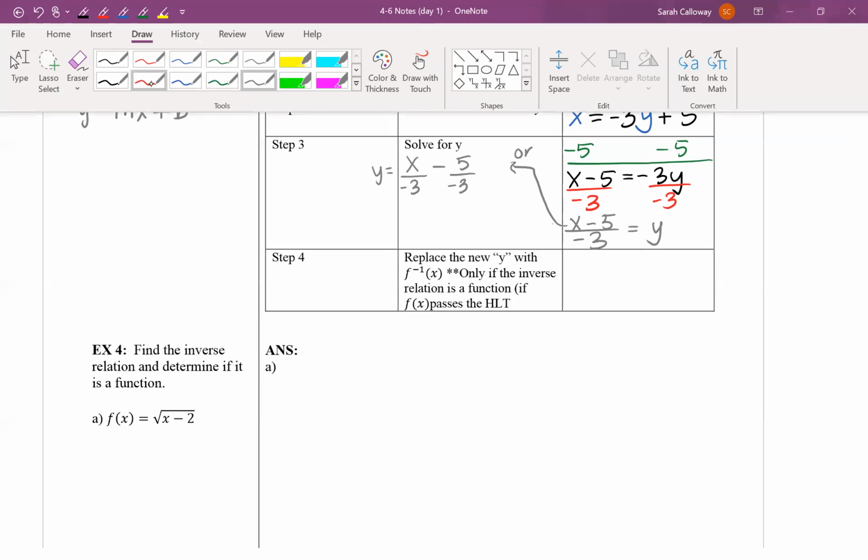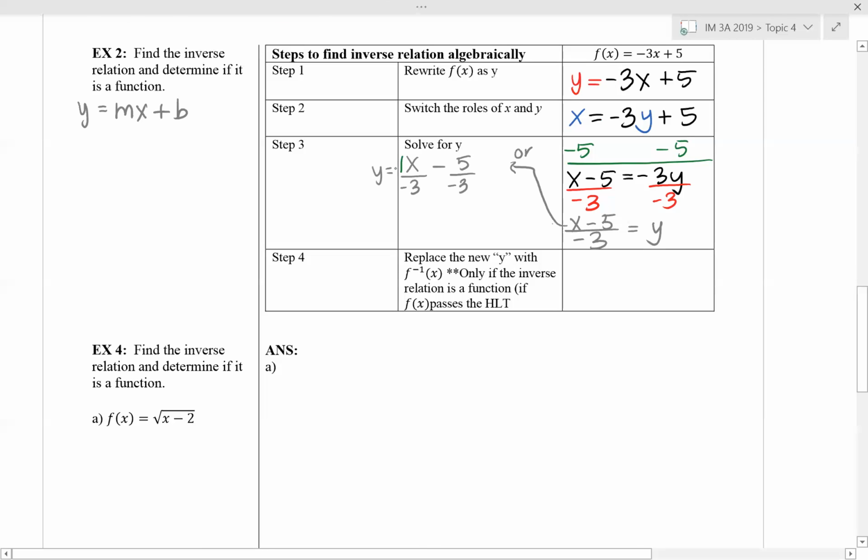So the x has an invisible 1 being multiplied in front. If I simplify this, 1 over negative 3 becomes my m. So negative 1/3 is the m. So our slope is negative 1/3. Negative 5 over negative 3, the most I can do is know that dividing two negatives turns positive.